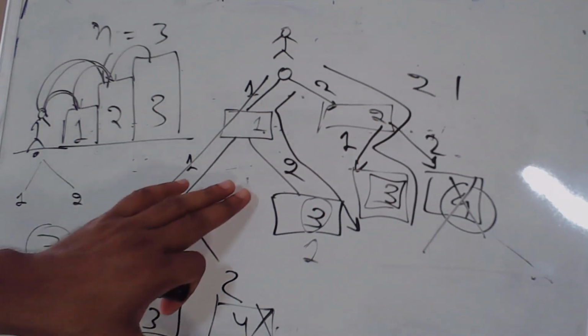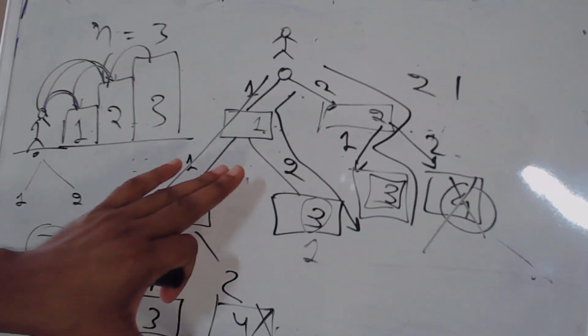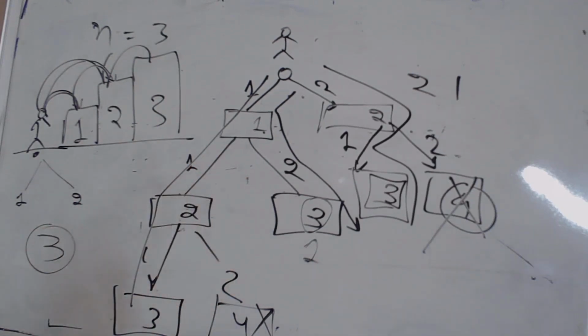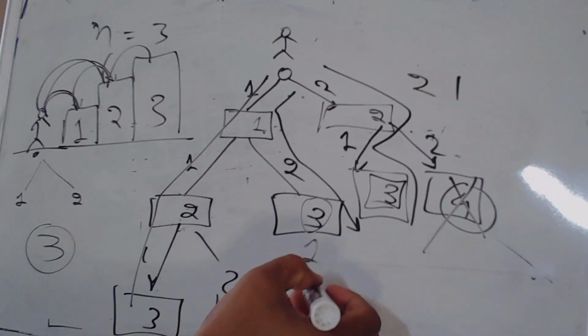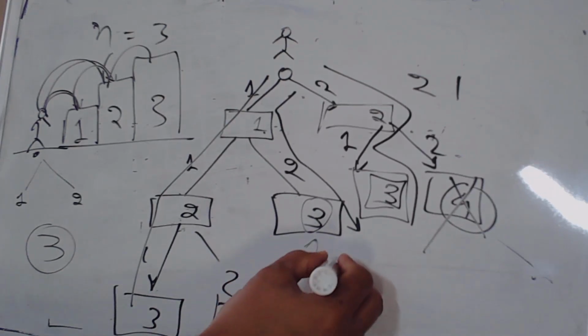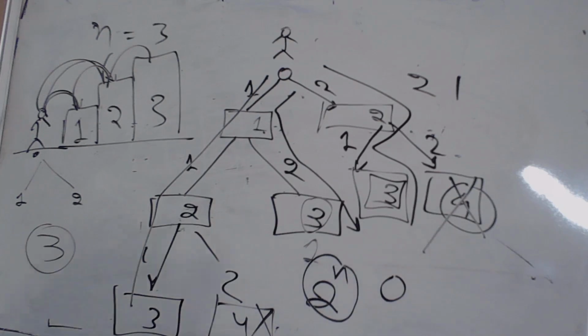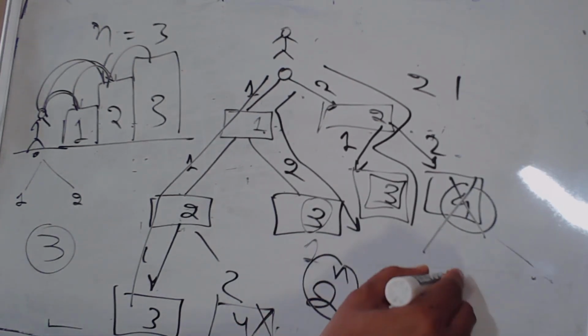But here, since the number of decisions is 2, it will create an order of O(2 to the power n).